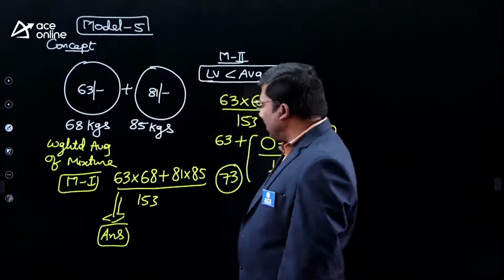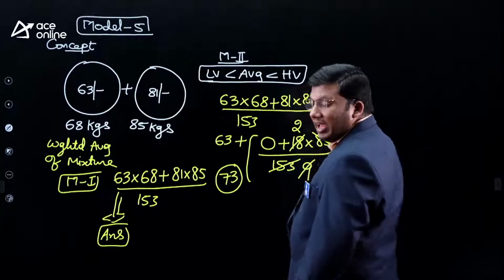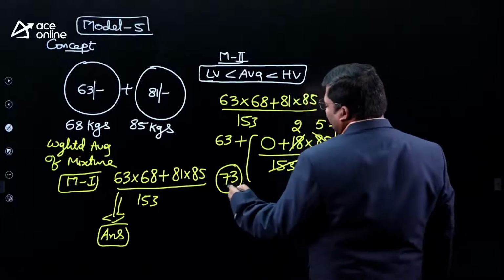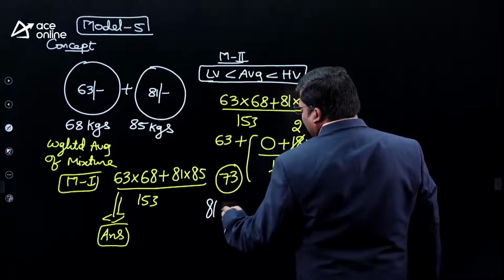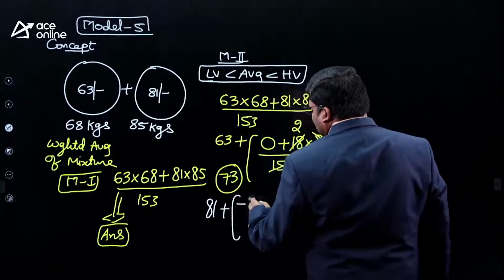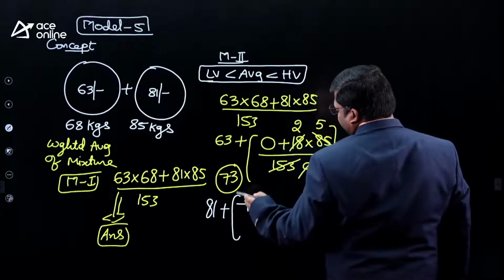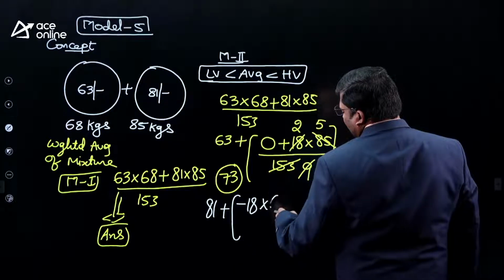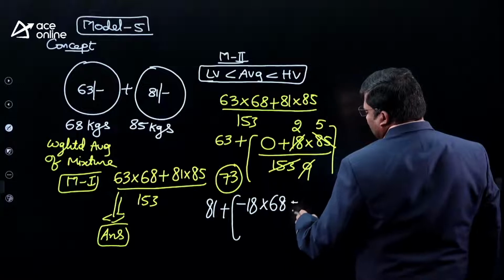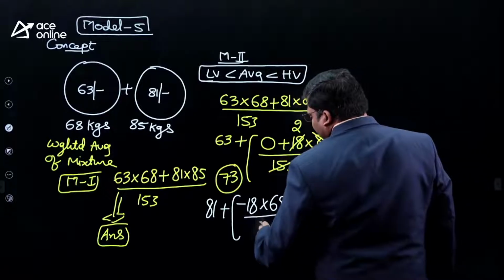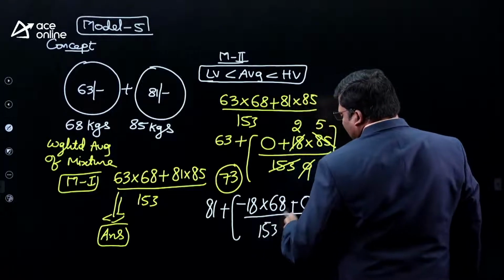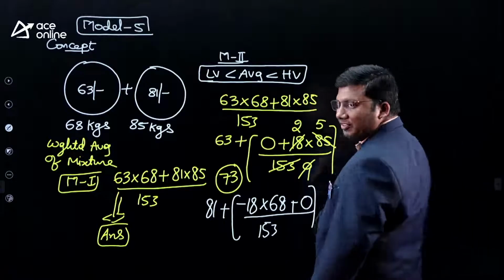Is the idea clear? Sir, can I do it from the highest value, since average is less than highest value? That also works. 81 minus 18 into 68 plus 0 divided by 153.